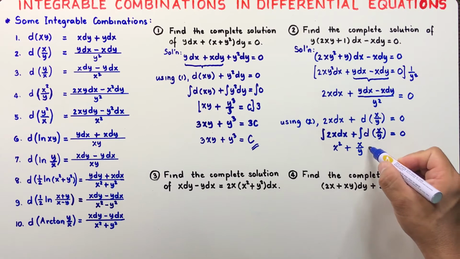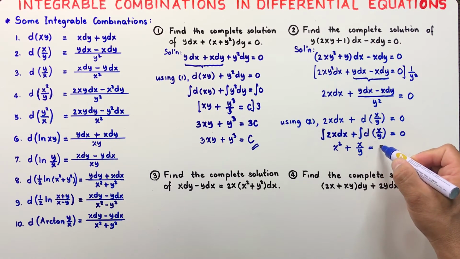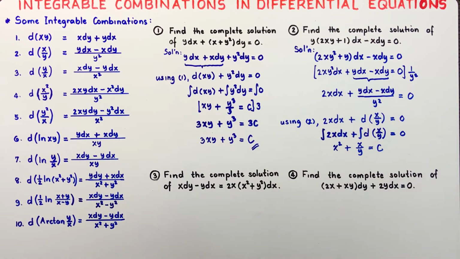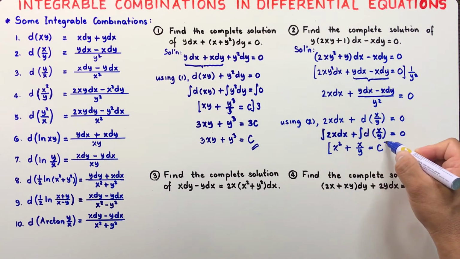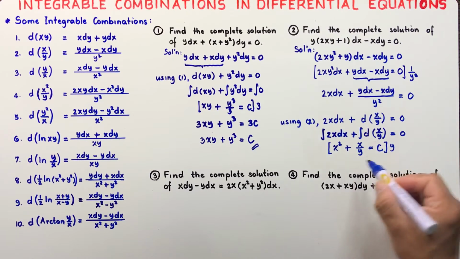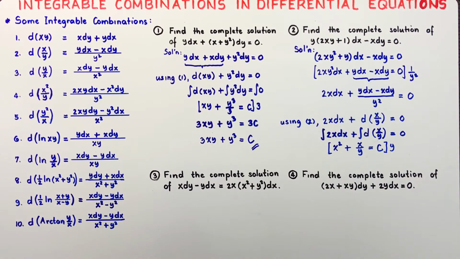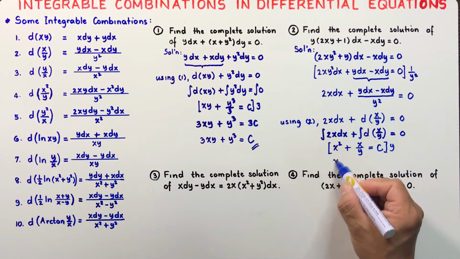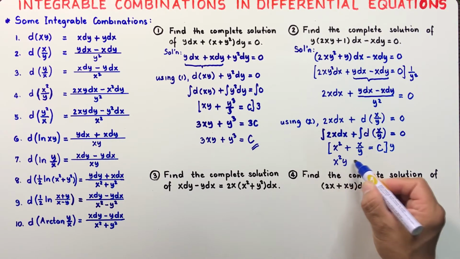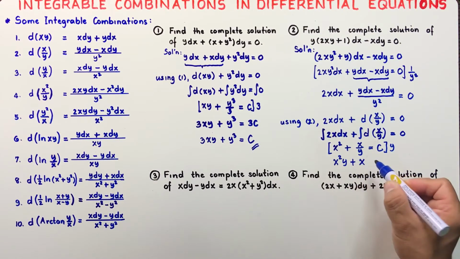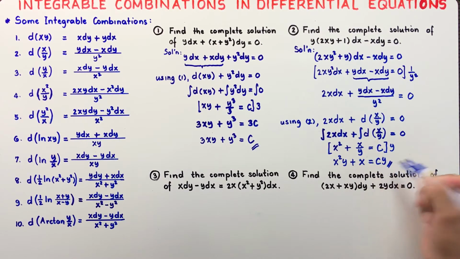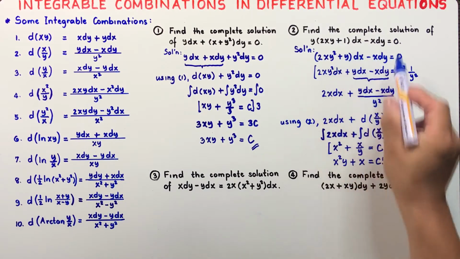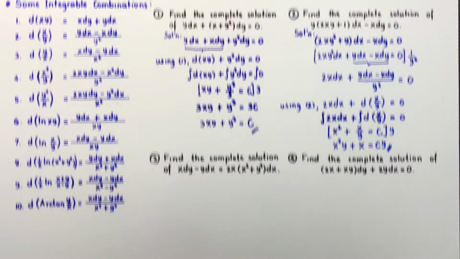So we have this sum equated to some constant of integration c, and multiplying both sides of the equation by y so that we can eliminate this y in this denominator, we have x squared y plus x, which is equal to cy. And this is our solution to the given differential equation.